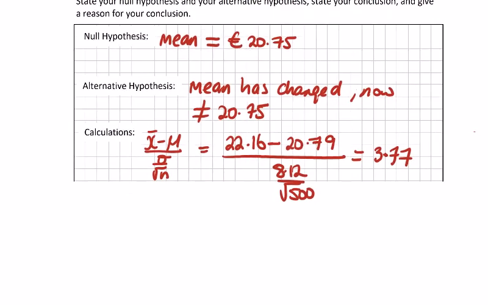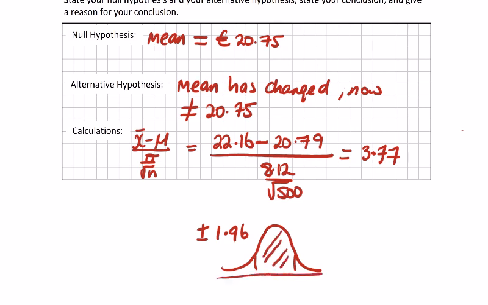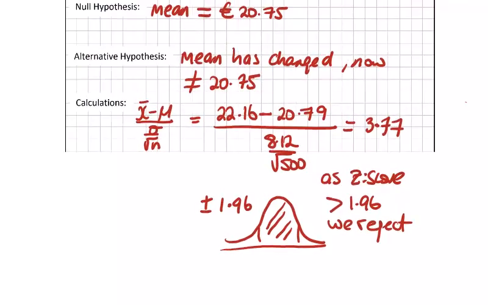So for my 95% confidence interval, for it not to have changed, this answer has to be between plus or minus 1.96 for it to be still inside these two standard deviations. So you can expand on that a little bit, but as the Z score, which is what we've calculated here, an adjusted Z score, is greater than 1.96, we reject the null hypothesis.